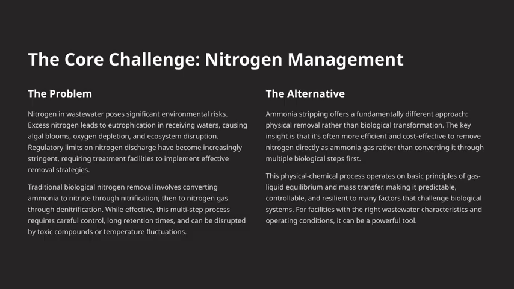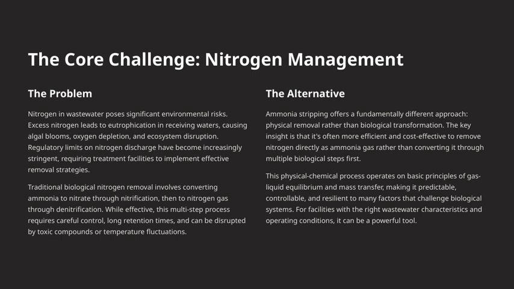Instead of relying on biological transformations, this method physically removes nitrogen directly as ammonia gas. The key insight here is that, in many cases, it's more efficient and cost-effective to strip away the nitrogen in its ammonia form rather than converting it through multiple biological steps. This process is based on fundamental principles of gas-liquid equilibrium and mass transfer.